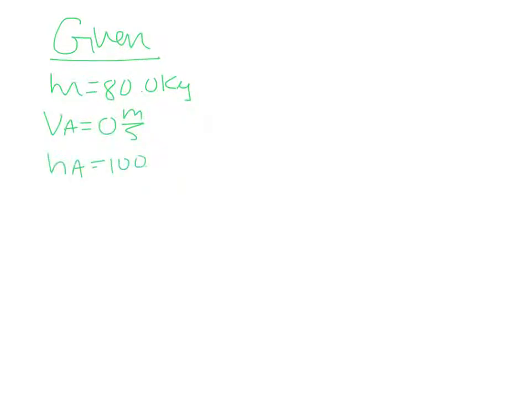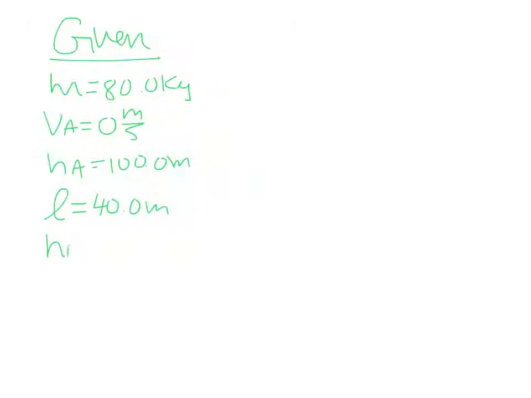And we have an A, a B, and a C, so the subscripts are important. We know that the mass is 80 kilograms. It tells us that his initial velocity, so his velocity at A, is 0 meters per second, that his height at A is 100 meters. The length of the bungee cord, I'm going to call that L, is 40 meters. It tells us he doesn't want to get closer than 5 meters from the water below, but let's look at what we did in our diagram.